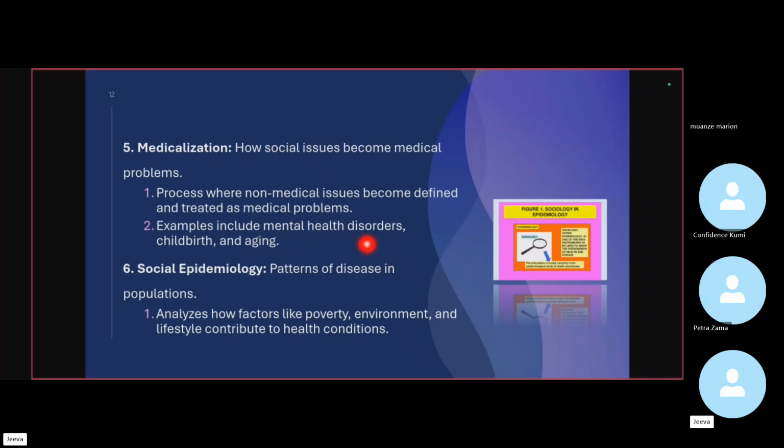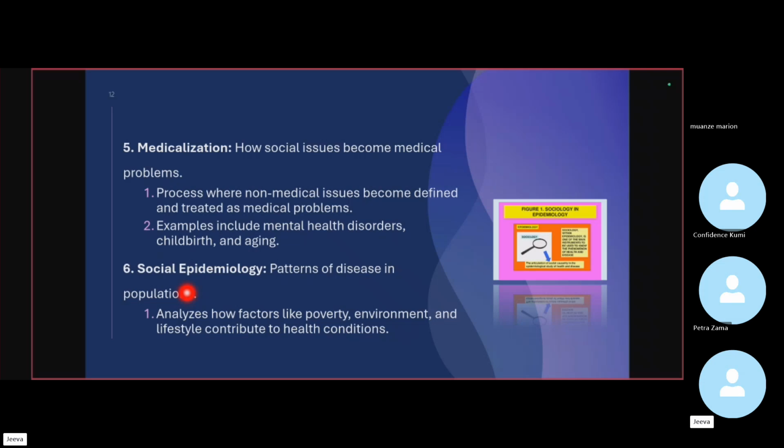For example, mental health disorder, like mental stability will be lost by people due to some stress and everything, and later they seek medical treatment. Then childbirth, aging, which is a natural process, again people seek medical treatment. So that is how a normal social issue becomes a medical problem.